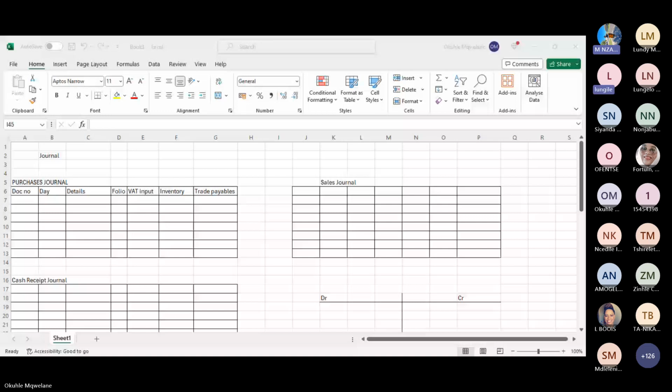What I see here is the details, which is TR wholesalers. And there's no folio. It does not even say whether it is tax inclusive or exclusive. So I don't know which system they're using here, whether the perpetual or, what's the other one, the periodic inventory system.